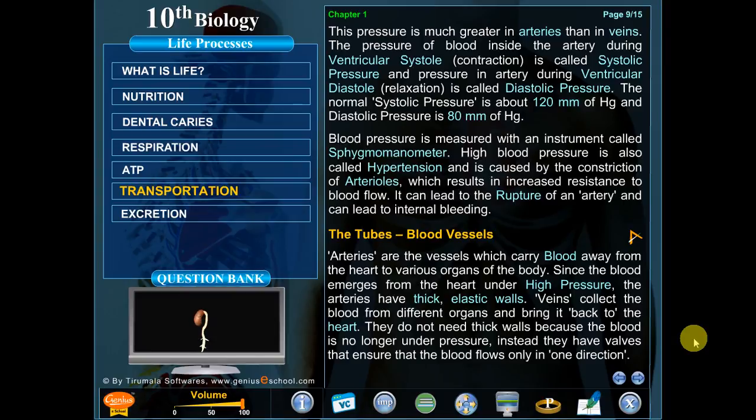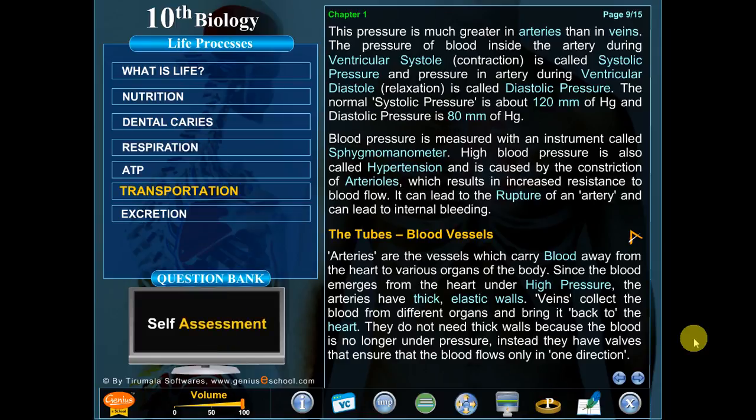The normal systolic pressure is about 120 mm of Hg and diastolic pressure of 80 mm of Hg. Blood pressure is measured with an instrument called sphygmomanometer.